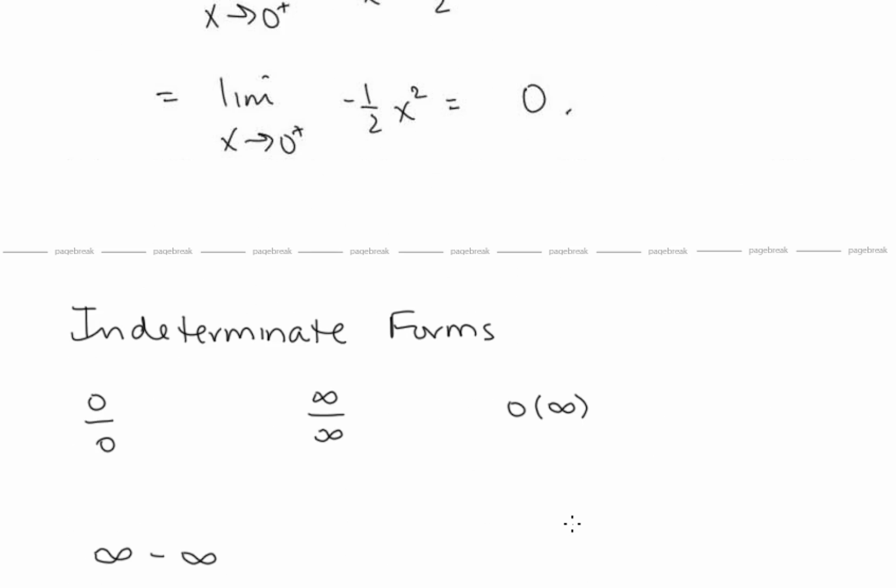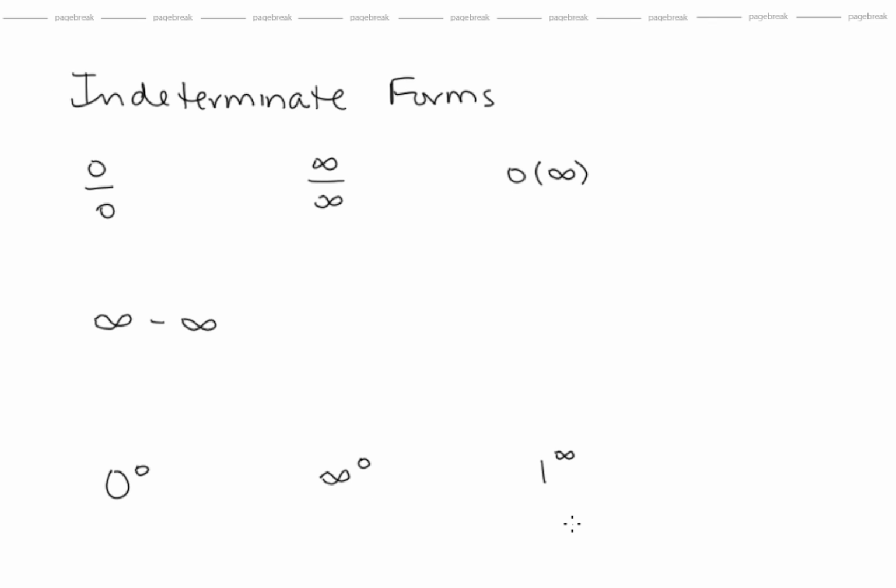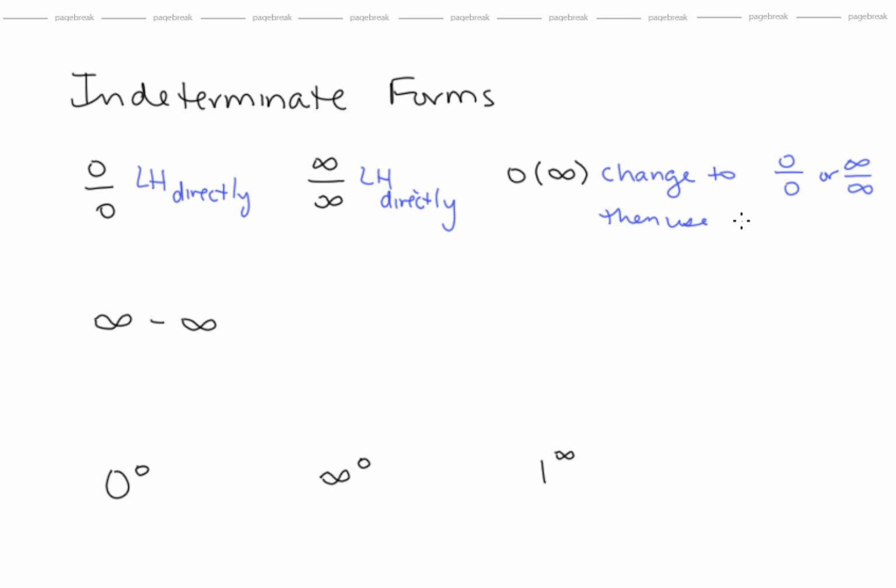So far, we've seen 3 types of indeterminate forms. We've seen 0 over 0 and infinity over infinity, and we can use L'Hopital's rule directly on these 2. Here, when we have 0 multiplied by infinity, or of course infinity times 0, we have to change to a 0 over 0 or infinity over infinity, and then use L'Hopital's rule.